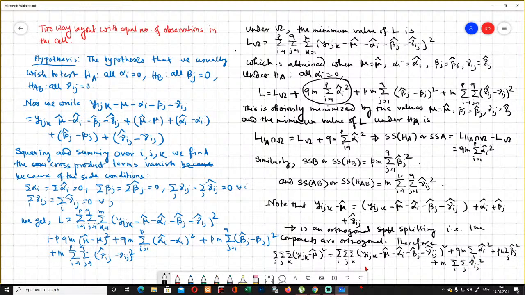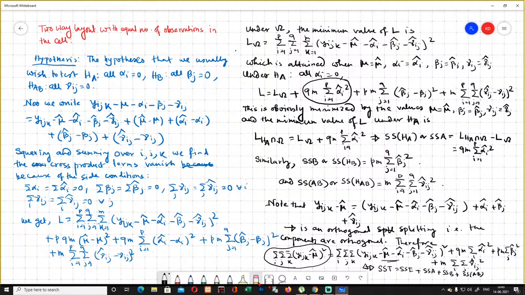So this is simply, this means the sum of square due to total, SST, equal to SSE, this is called sum of square due to error, plus SSA plus SSB plus SS due to interaction, SSAB.